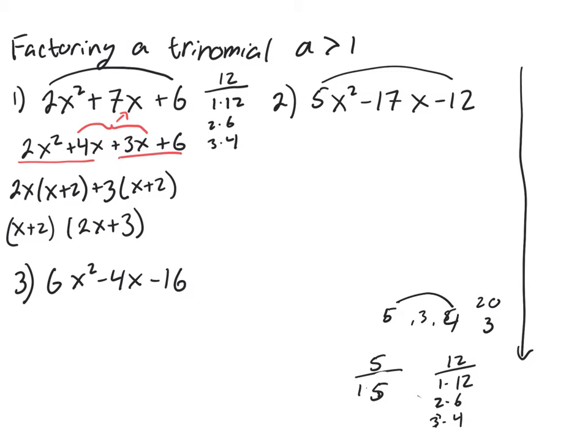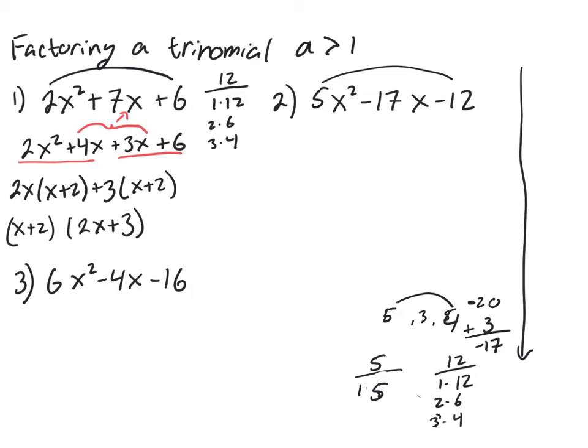Okay, well, I want 17. Well, 20 minus 3 is 17. And I do want to multiply out to a negative 60, right? A negative number. So I know that one of these factors needs to be negative. So if I make this a negative 20, then when we add them together, we do get that negative 17. So I want to be working there with negative 20 and 3. So it's just a little bit of a different way to be working with that.